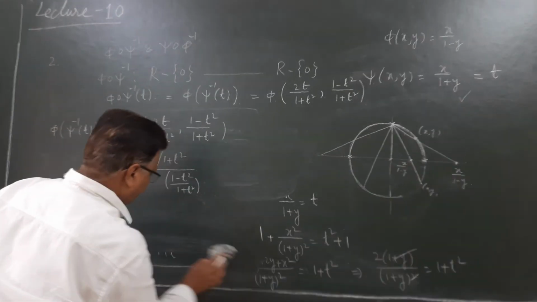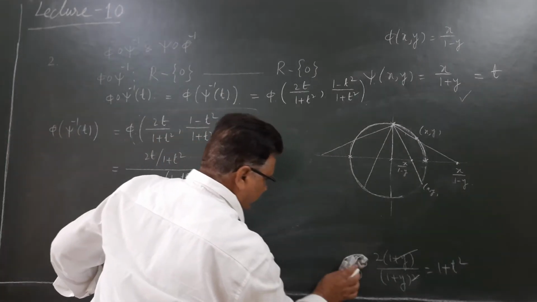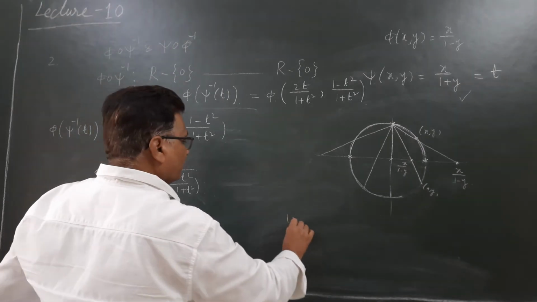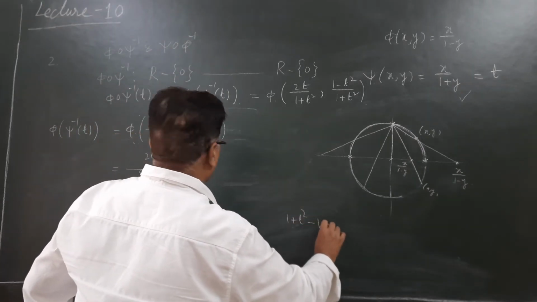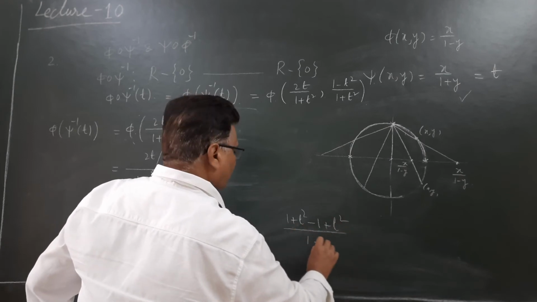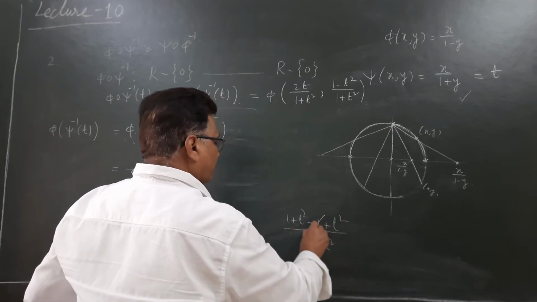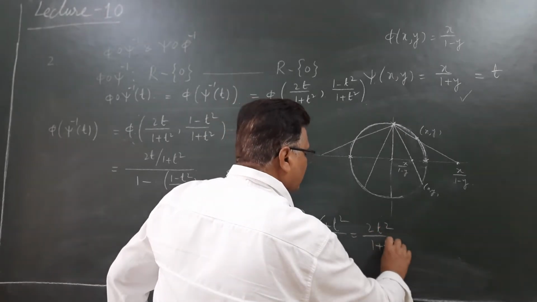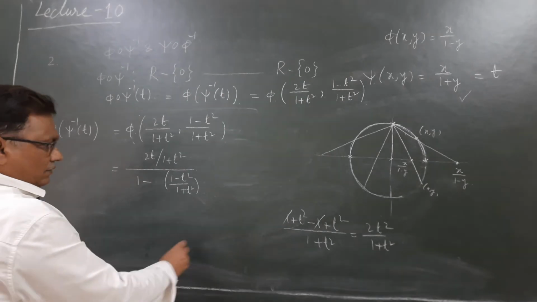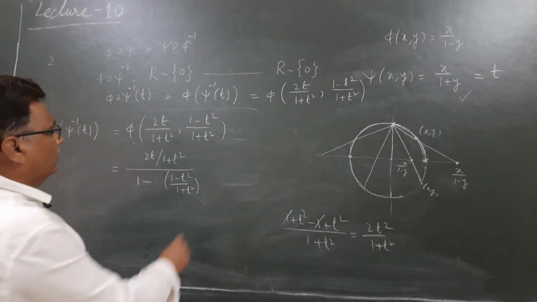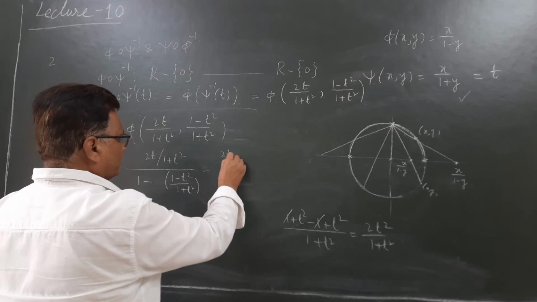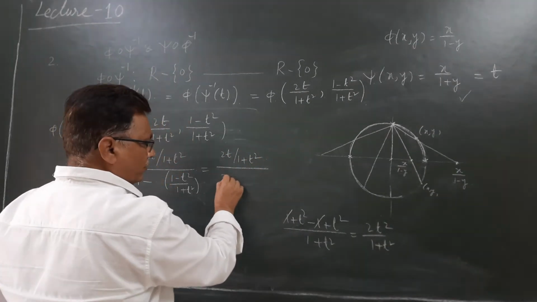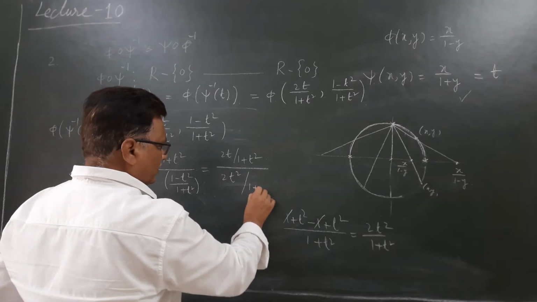बस ज़रा सिंप्लीफाई कर लीजिए इसको and you get the definition. तो ये नीचे डिनोमिनेटर में आपके पास आएगा 1 प्लस t square minus 1 plus t square upon 1 plus t square. मैं डिनोमिनेटर सिंप्लीफाई कर रहा हूँ, तो ये हो जाएगा 2t square upon 1 plus t square. हाँ हाँ ओके, तो let me write down 2t upon 1 plus t square, and in the denominator you have 2t square upon 1 plus t square.